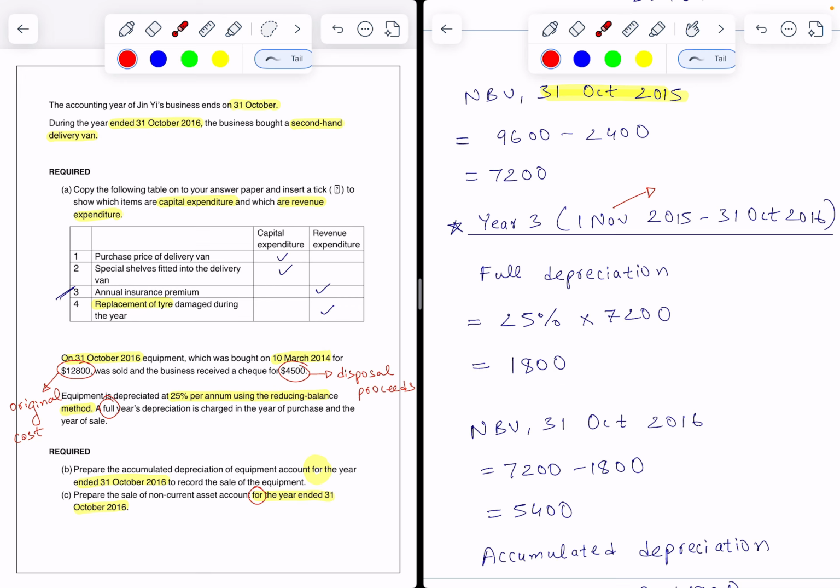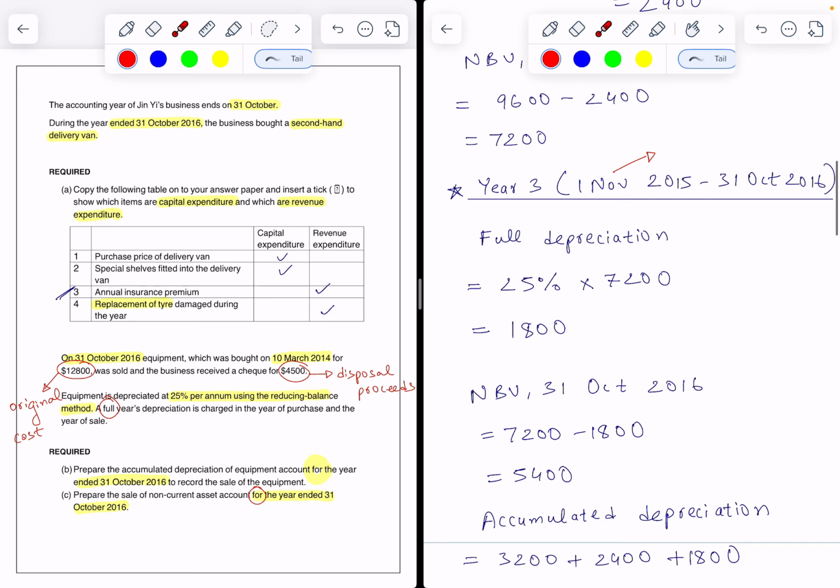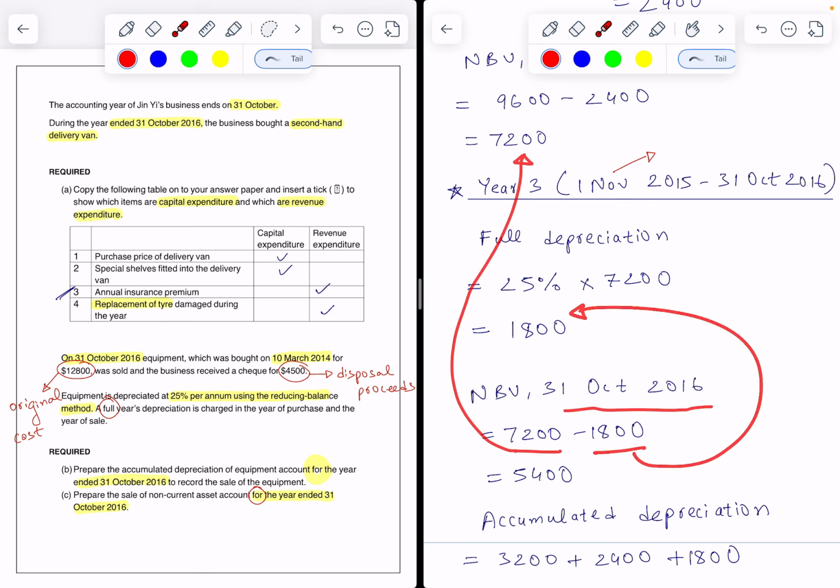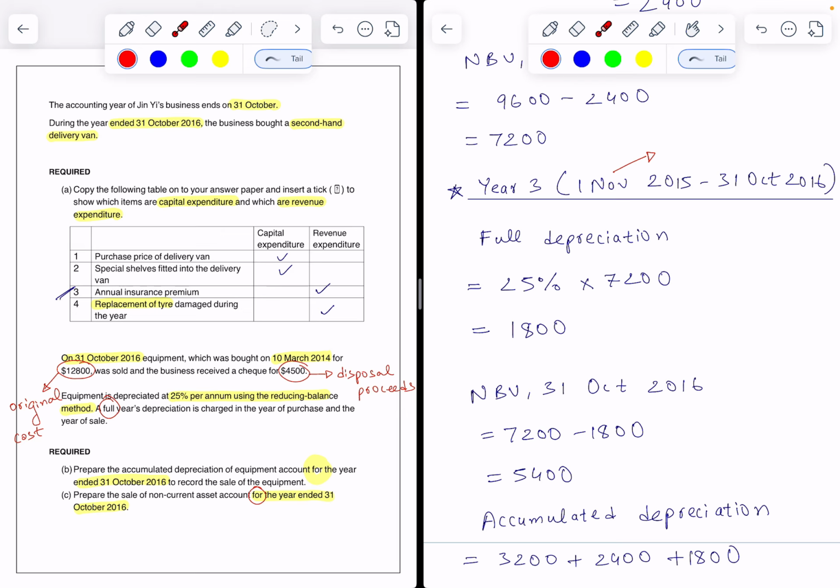And if you want to calculate the net book value at the end of year 3, which is at the end of 31st of October 2016, you simply take the net book value from the end of year 2, which is $7,200, and then subtract the extra depreciation expense of $1,800, which is specific to year 3. That way, you get the net book value at 31 October 2016 to be $5,400.